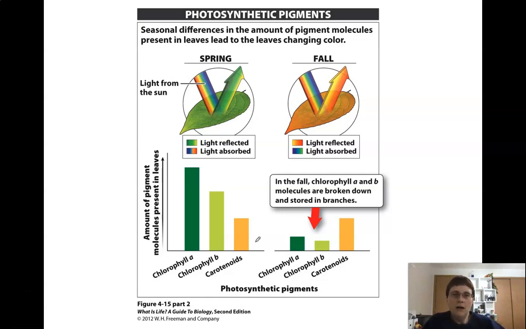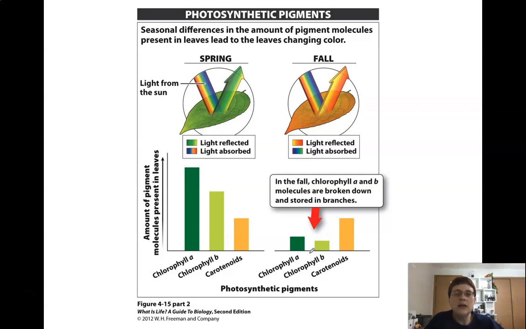But come fall, what happens to the leaves? Right? They change color. And the reason why they change color is because chlorophyll A and chlorophyll B, the molecules, get broken down out of the leaves and pulled into the tree or the plant and stored, right?